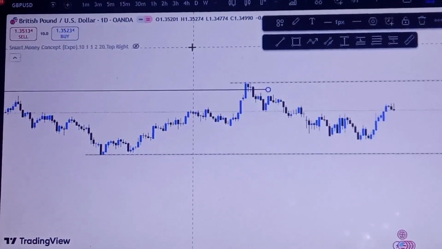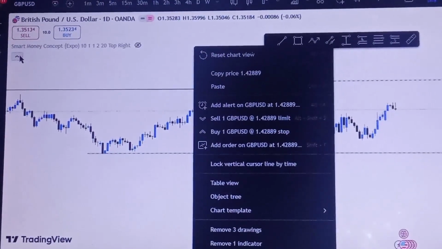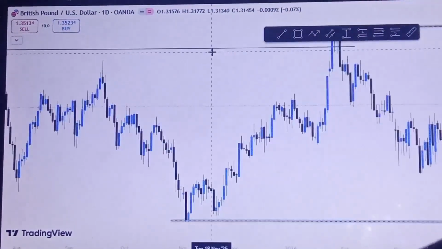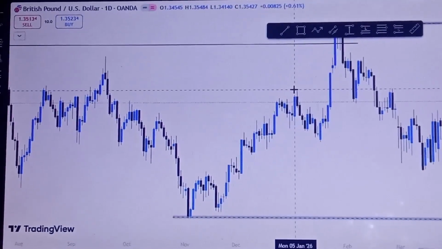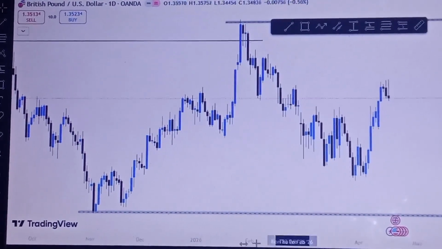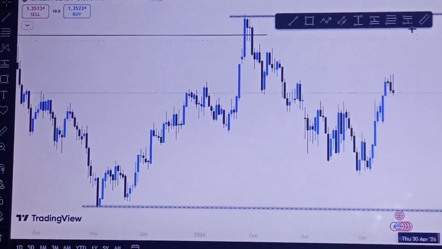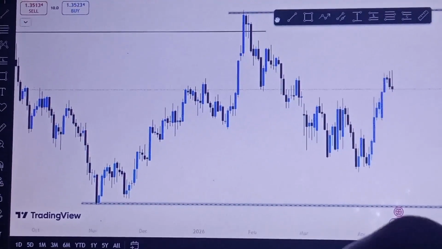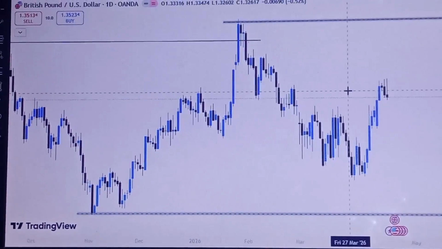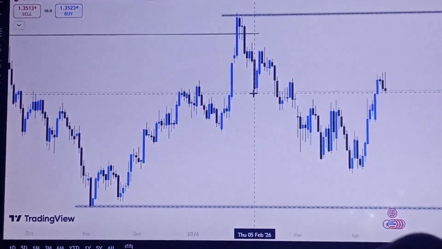Let's go to the daily time frame and see what it has to show. On the daily time frame, like I said, price has actually been on an uptrend, so all of these are just reversals. You can see the market has been giving breaks of structure to the downside consistently.